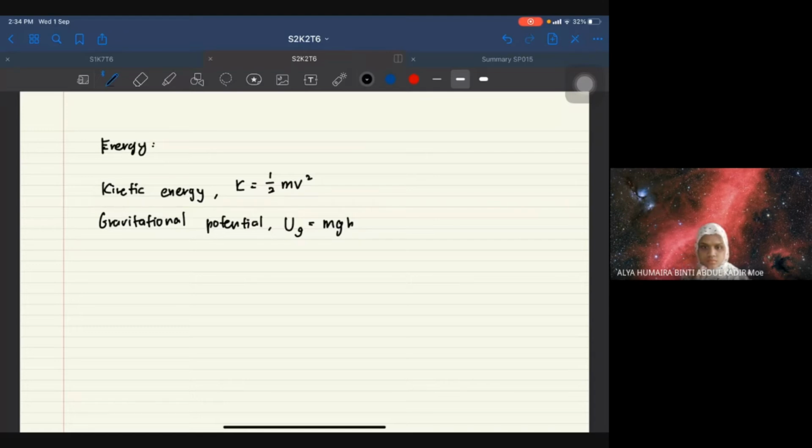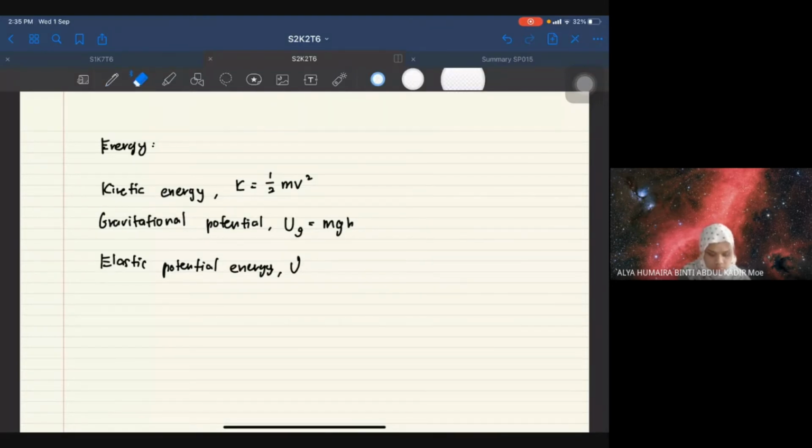And then the last one that maybe you guys are not too familiar with is elastic potential energy, which we represent with Us. Us you must write. If Ug is not written, we usually assume that one is Ug. But for Us, you have to write it. This one will be half kx squared.